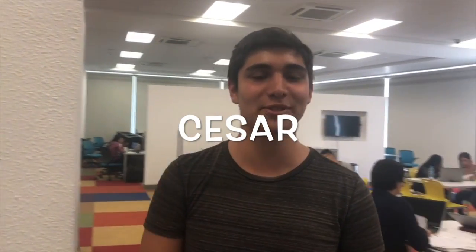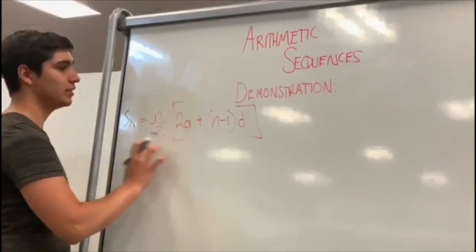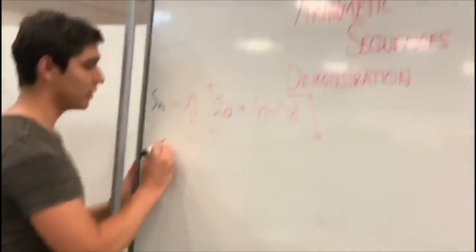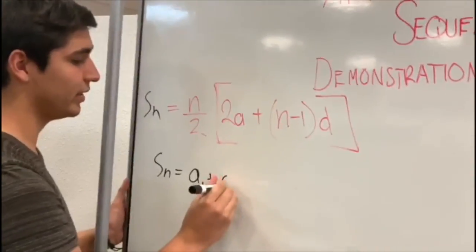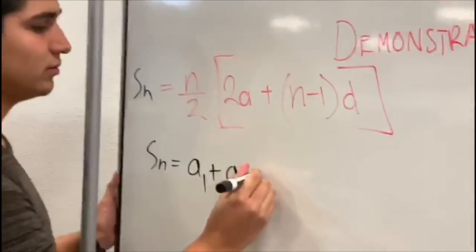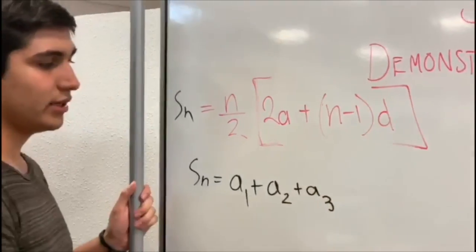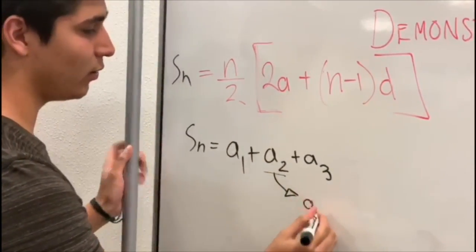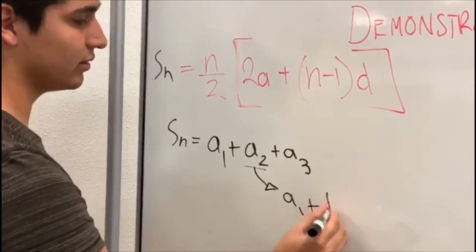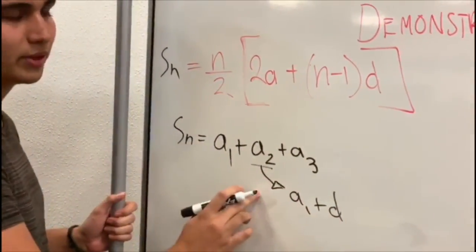Hi there. I'm Cesar, and I'm going to demonstrate the first formula of the arithmetic sequences. First, we're going to write a simple series that will be A1 plus A2 plus A3. Then we know that this term is A1 plus d, that is the difference between each term.